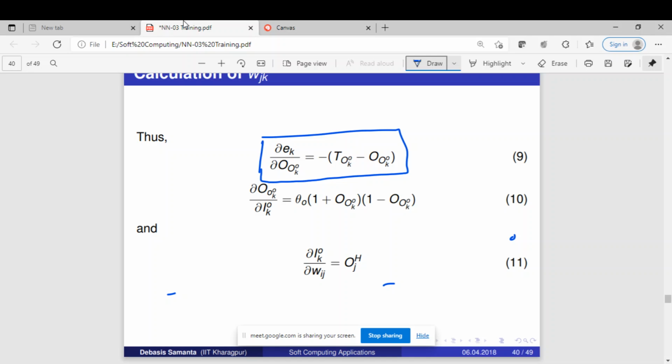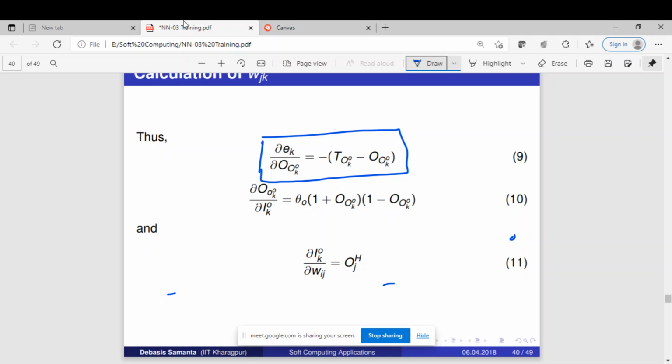Then what can we write? Instead of maximizing it, we can write it as e to the power theta IKO plus e to the power minus theta IKO, the whole square, like that we can write, right? Minus, similarly take this theta out. This theta is applicable everywhere.